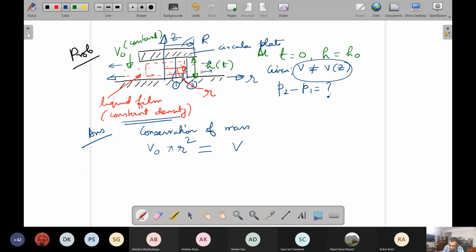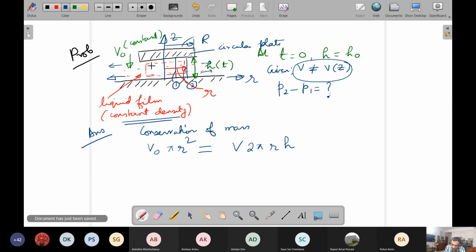So at a given radial section, section 1 or section 2, whatever, the velocity is a function of that radial location only. At a given radial location, which is the periphery of this control volume, you have the velocity v into 2 pi r into h.